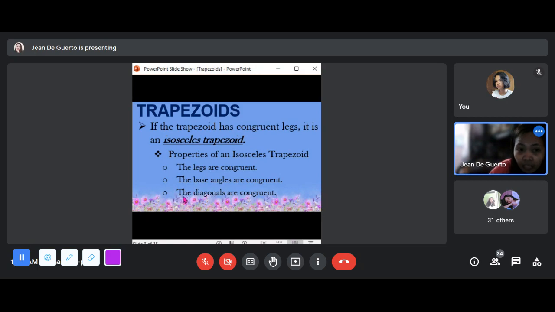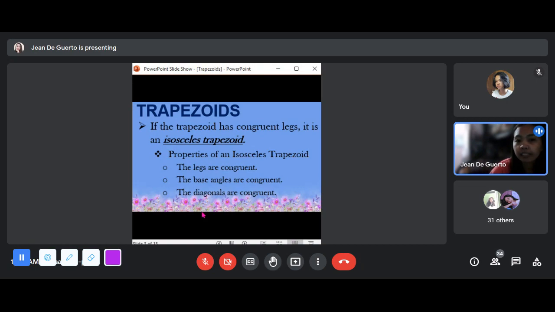Then if your trapezoid is an isosceles, the diagonals are congruent. So the diagonals of an isosceles trapezoid are also congruent. So legs, base angles, and diagonals are congruent for any isosceles trapezoid. So kindly take note of that.